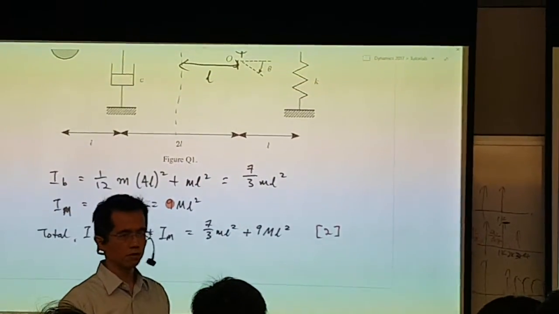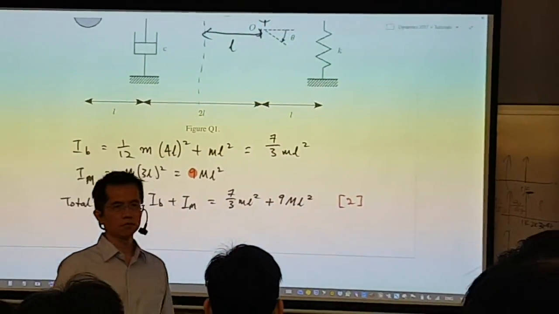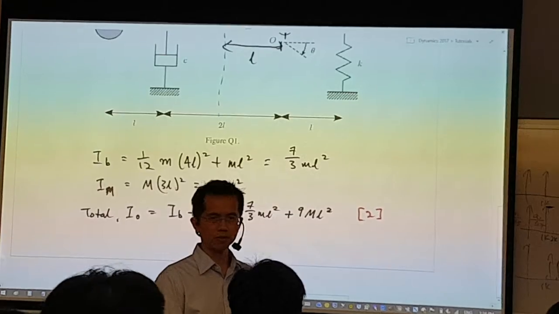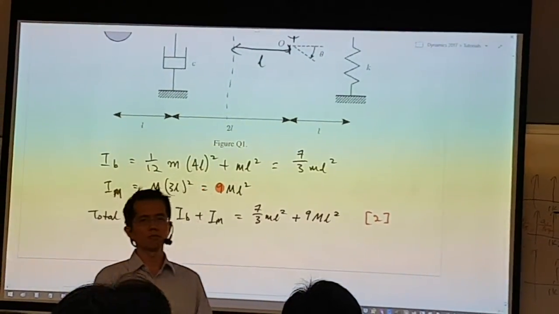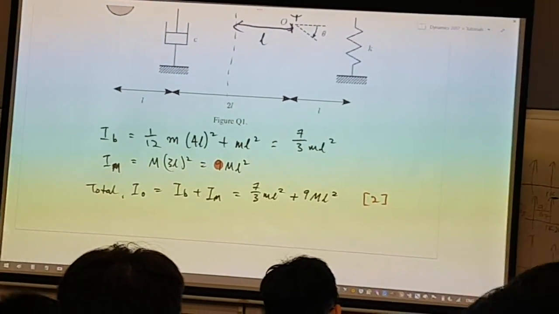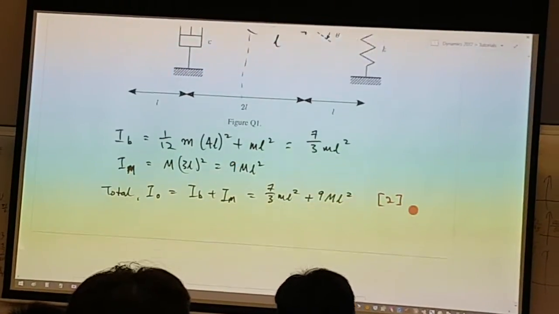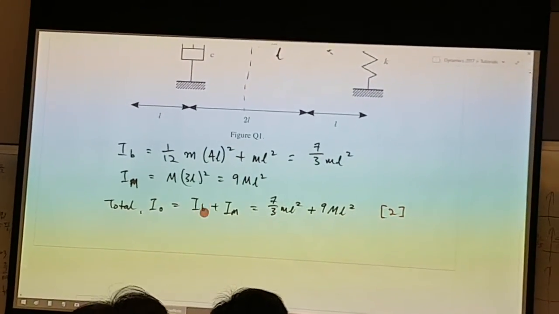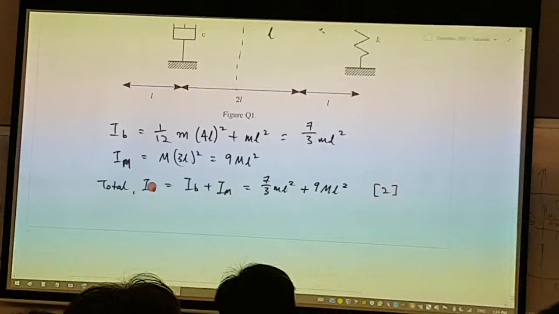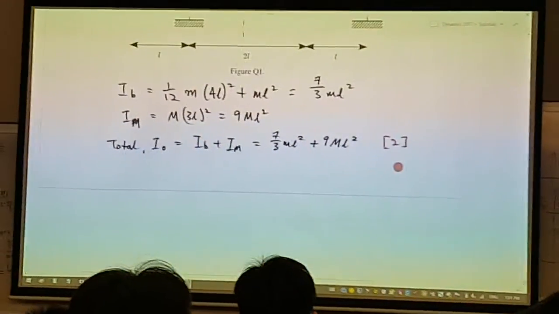Subscript, it can be anyone. You can label it in the way that you want. I'm not that strict about your subscript, what you label it, that's fine.